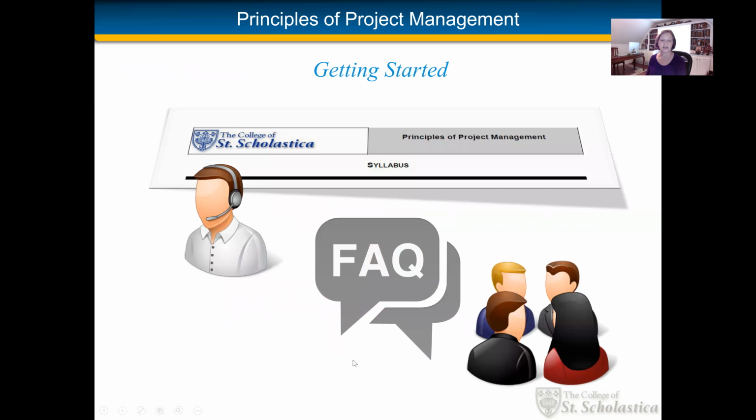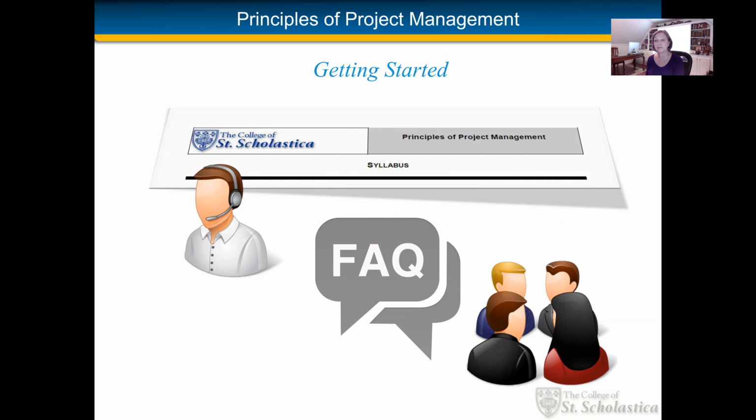All right. So getting started, the good place to get started, of course, is the Getting Started tab. It's pretty easy to see, and you'll find that in the left navigation menu. In this tab, you'll also find the course syllabus. Please review that and make sure you understand the course objectives and requirements to complete the course.